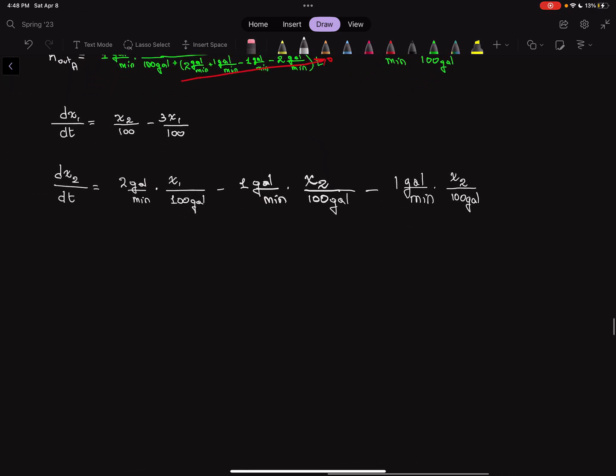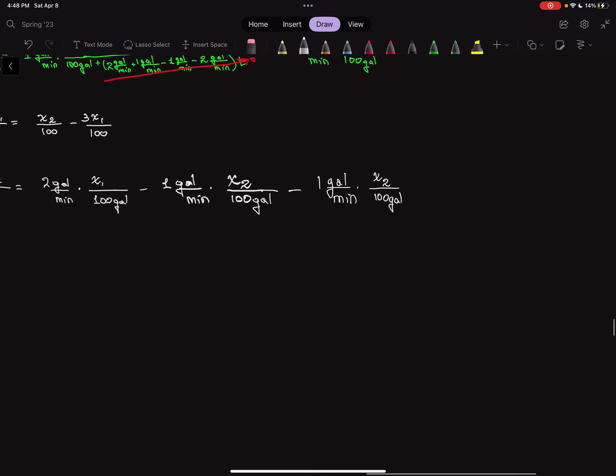So now that we have this, I can simplify this and rewrite it as 2x1 over 100, which simplifies to 1 over 50. And then I have minus x sub 2 over 100.